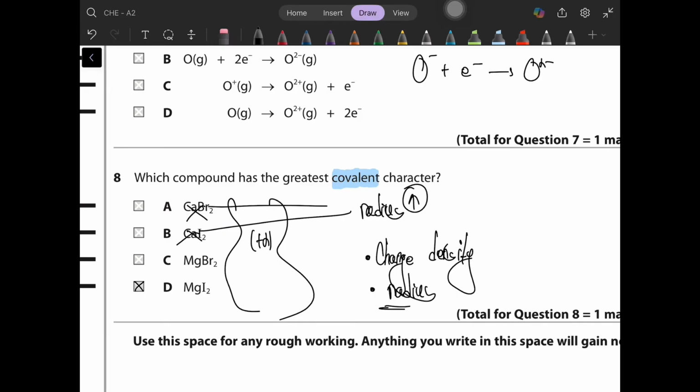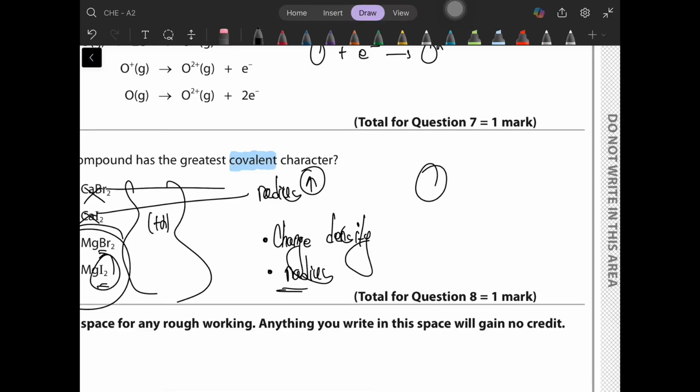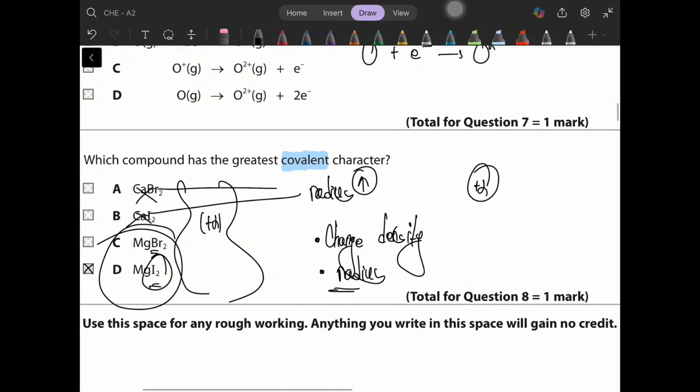Radius. So I could eliminate these two because magnesium is smaller than calcium, because magnesium is higher up the group. Now between bromine and iodine, the radius of iodine is greater, right? First of all, assume that this is the magnesium ion and this is the iodine.